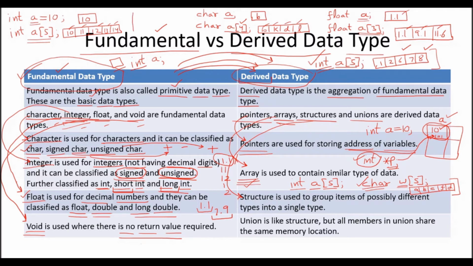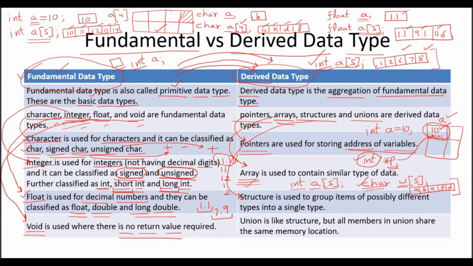Now let us suppose that this is my memory and there are different blocks in the memory. Let us suppose some of the blocks are filled. Now I have to declare a[4]. Where can I declare it?